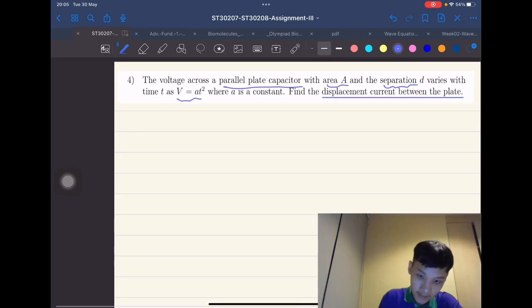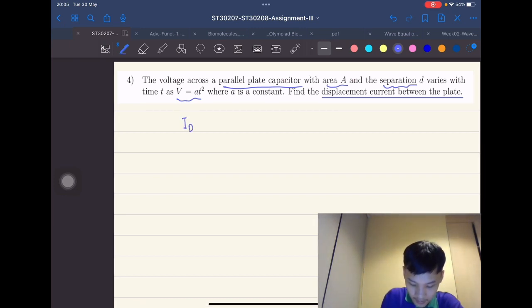From the Maxwell equation, the displacement current ID is equal to epsilon 0 times the changing of flux over time. We have that the electric flux is equal to E dot A.